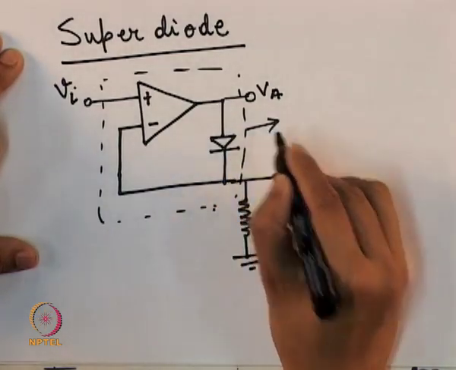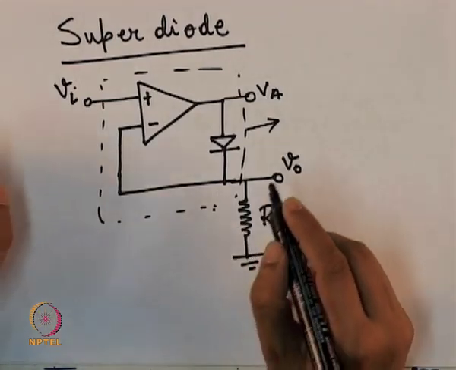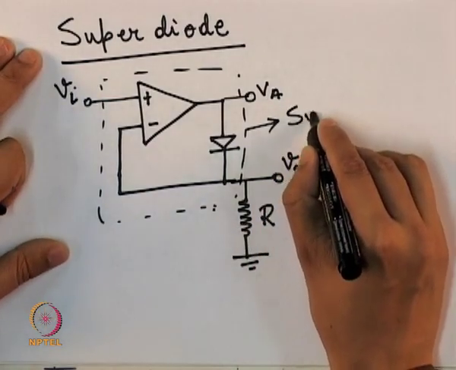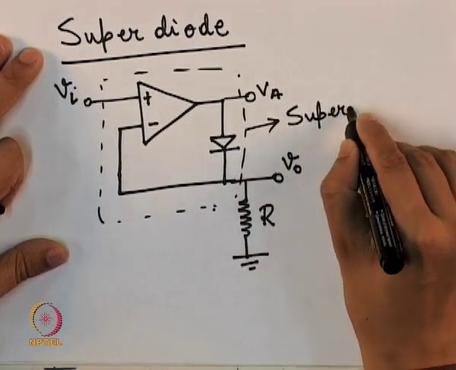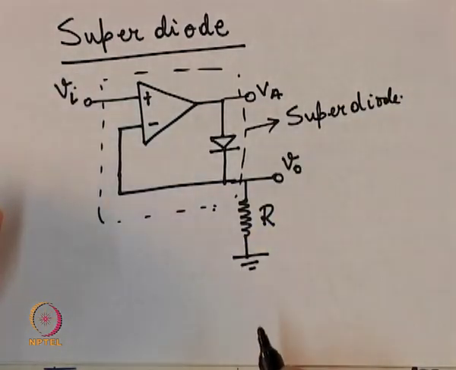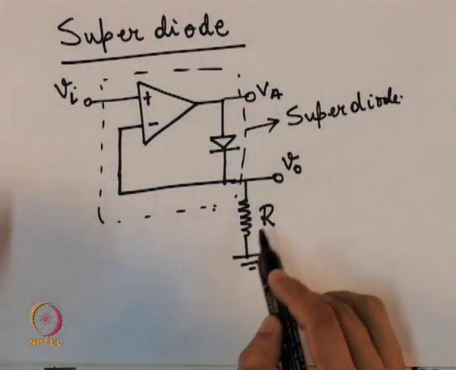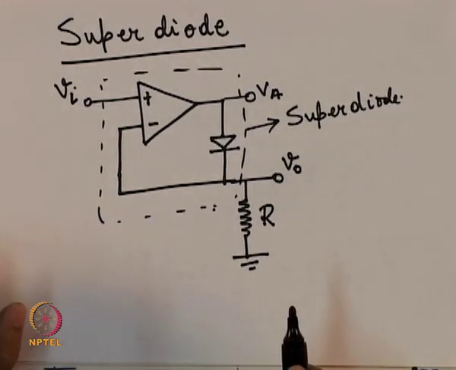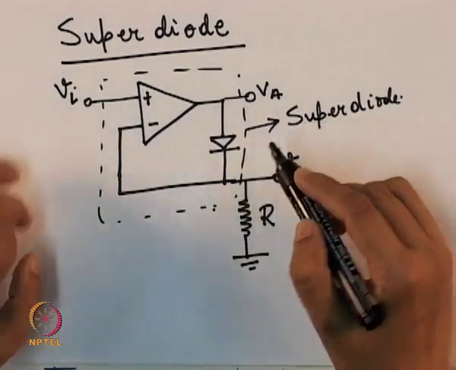So, this part within this dotted lines is my super diode. R is a load and output voltage is taken across this resistance R. Now, let us see how this circuit operates.